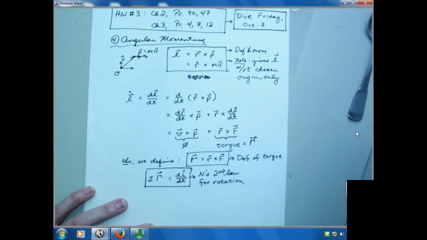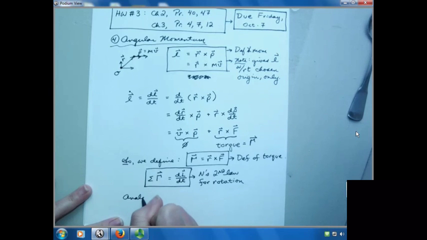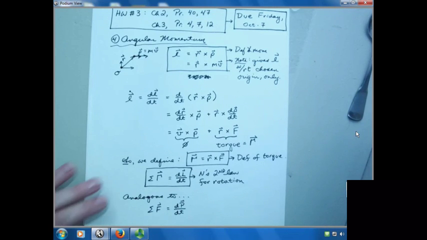And I see that it is analogous to Newton's second law for translation, which is that the net force is equal to the time rate of change of momentum of a particle or system of particles.